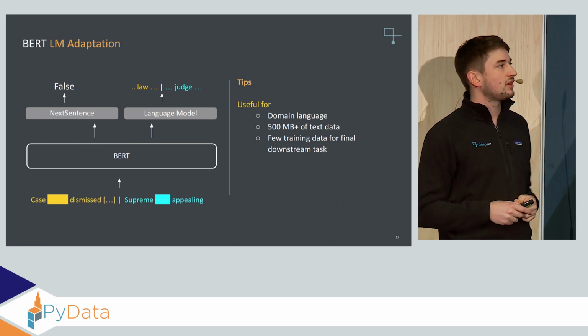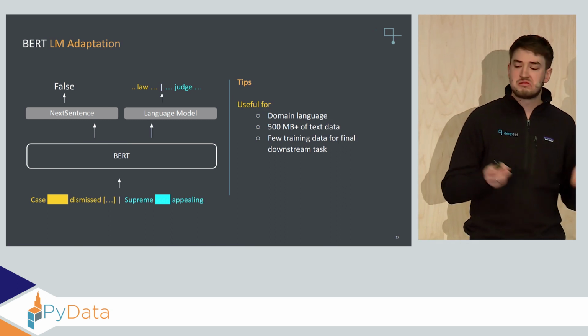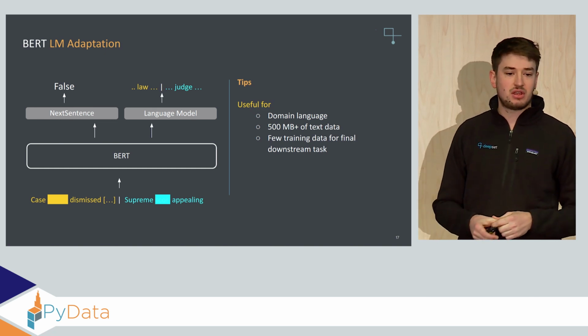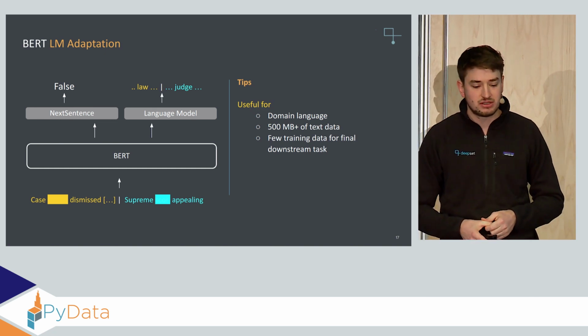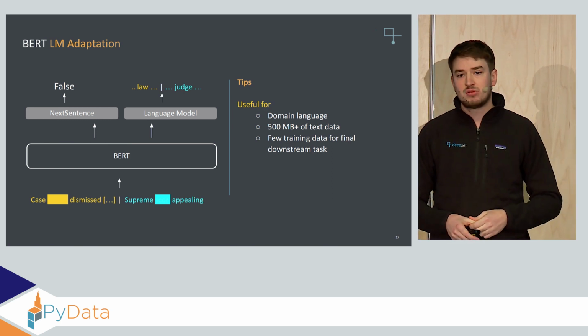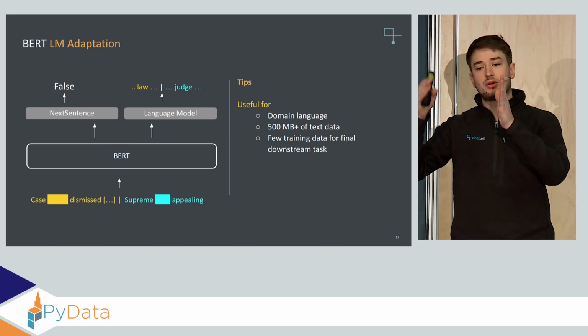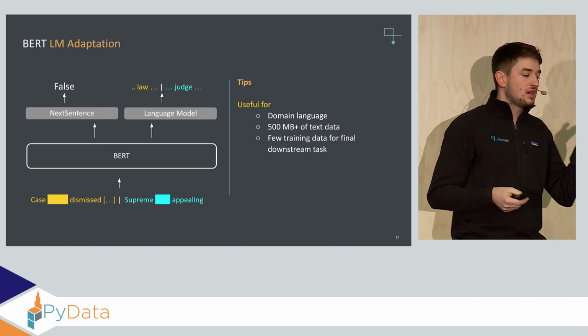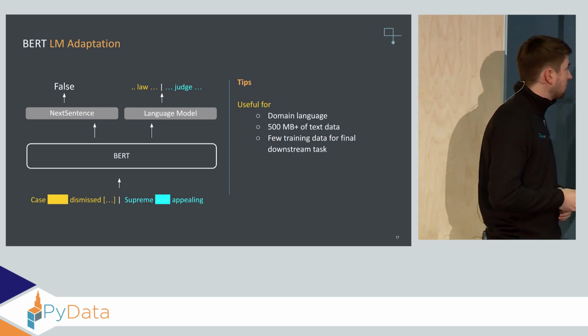In contrast, let's say you have a downstream task of document classification and you have 10 million annotated examples. Then this phase doesn't make sense for you, because in this downstream task, the model will already have enough time to adapt to this domain and learn all the specifics. Then you don't need this intermediate step.